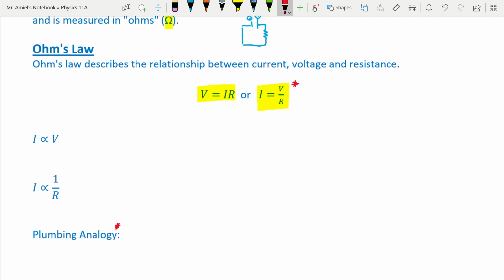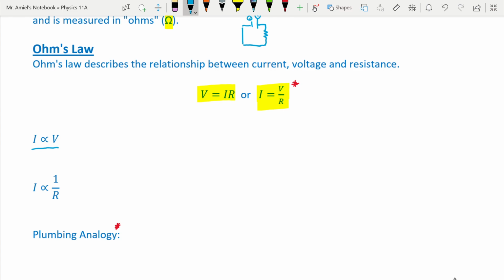Okay, but we can also look at this mechanically and we can say, well, what are we talking about here if we're looking at current equals voltage over resistance? Well, we're saying that our current is directly proportional to our voltage. So if our resistance stays the same, if our voltage increases, then our current is going to increase.